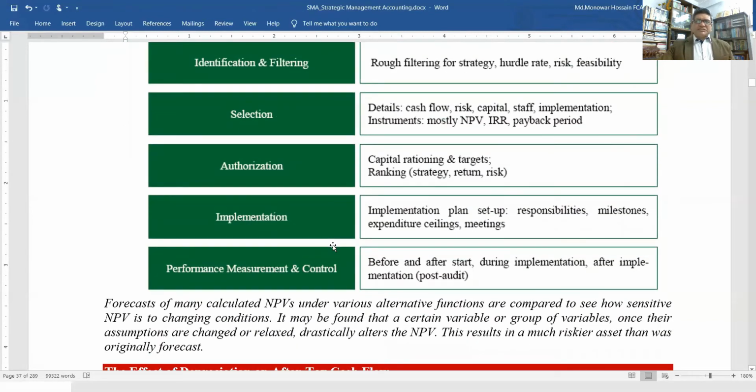Then implementation plans, setup, responsibilities, milestones, expenditure, meetings, and performance measurement and control. Before and after start, during implementation, after implementation, that was post-audit.